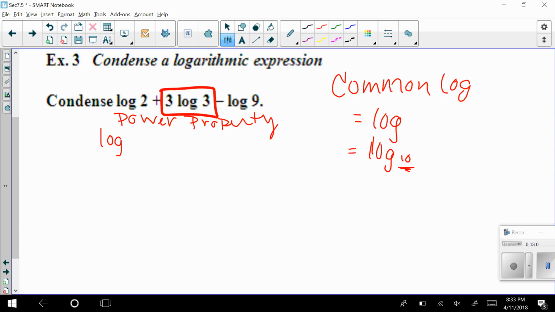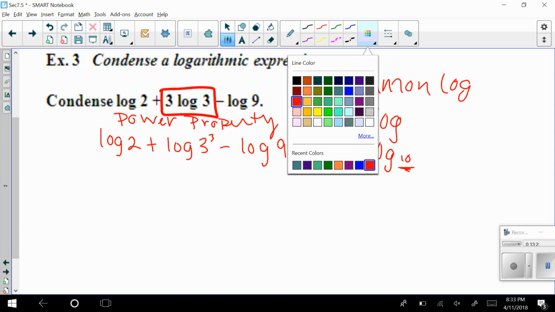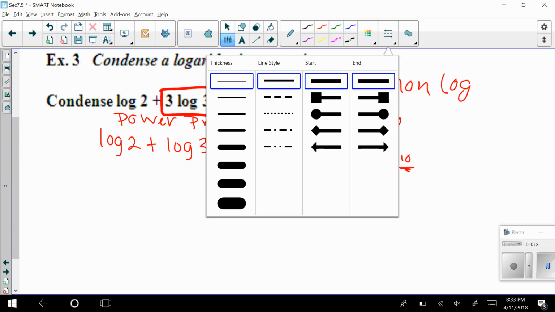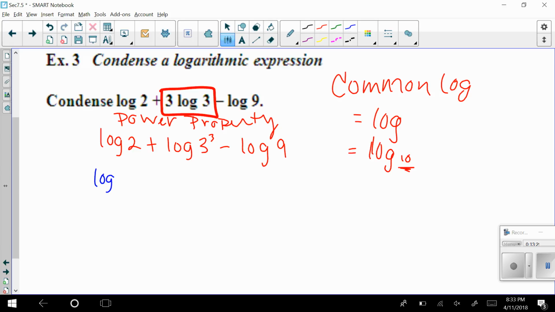So log of 2 plus 3 times the log of 3 is the same as log of 3 to the third power. And then minus log of 9. So let's just simplify this before we go forward. Log of 2 plus log of 27, that's 3 to the third power, minus log of 9.